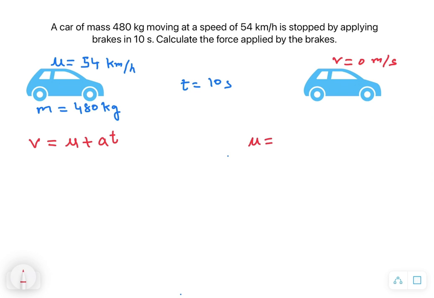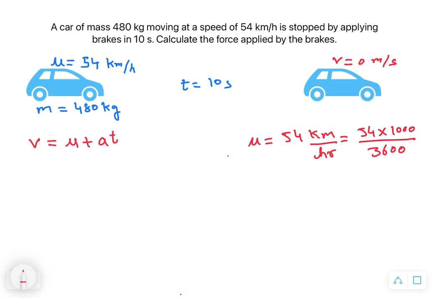U is equal to 54 kilometers per hour. 1 kilometer is 1000 meters and 1 hour is 3600 seconds. So that will be 54 multiplied by 1000 divided by 3600.